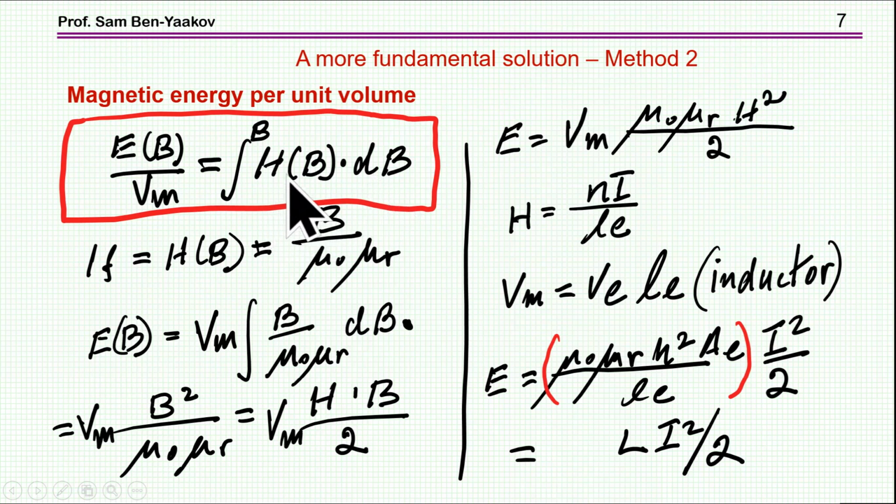So let's take this as the basis. I'll show later on that this, of course, is compatible with all that we know, but this is another way. We're not talking about inductance. Inductance is not a basic parameter.